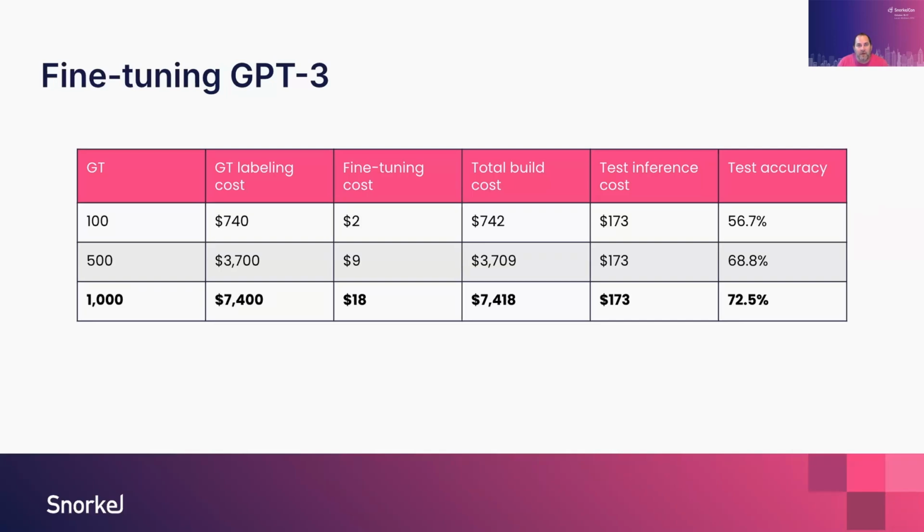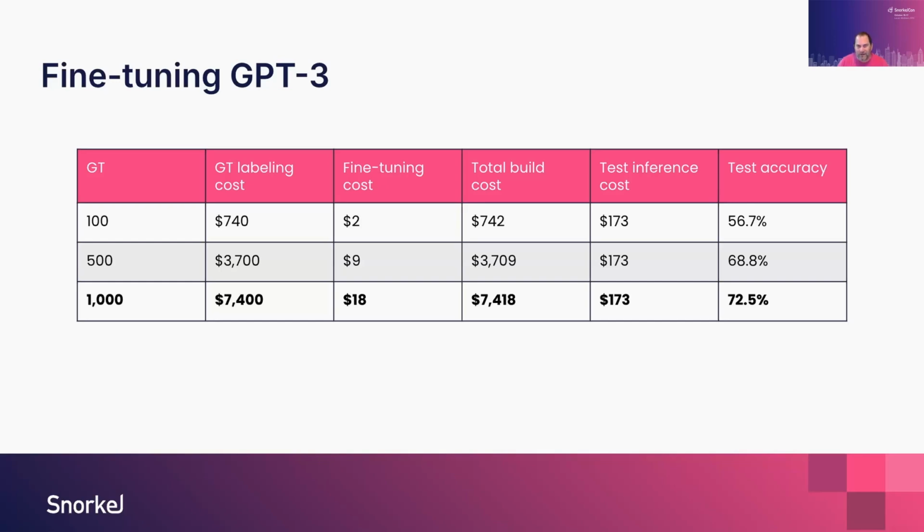But as a baseline, we can look at how we would approach this if we want to fine-tune GPT-3. There are three different data set sizes there in terms of ground truth. At the first one, our contract lawyer would label 100 provisions, all the way to the end, labeling 1,000 provisions.